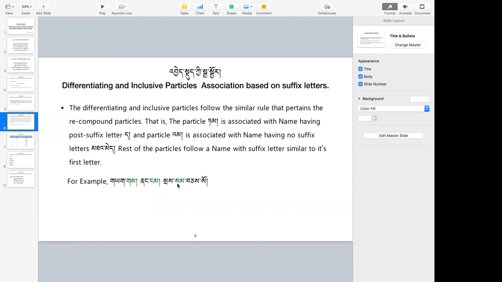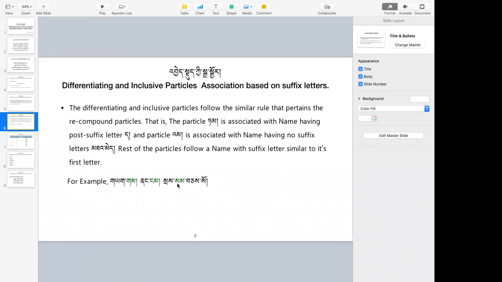Now we have understood the rule that we were discussing back during the compound particle. It states that there are 11 particles, and tam will be associated with a name having the post-suffix letter ta. Hum will be associated with a name having no suffix letter, tame, and the rest.